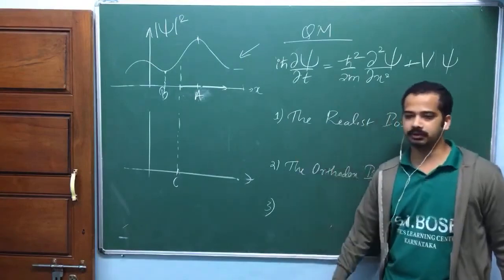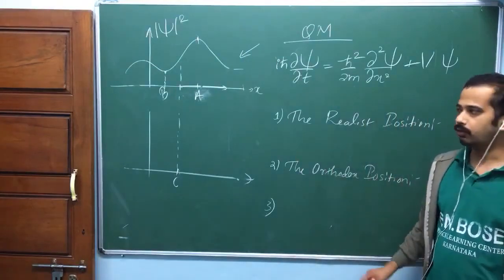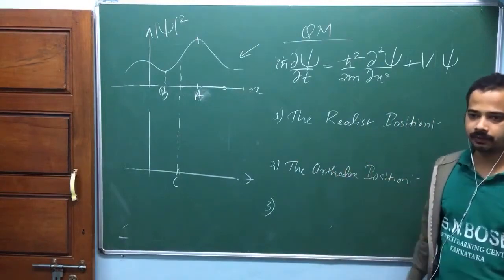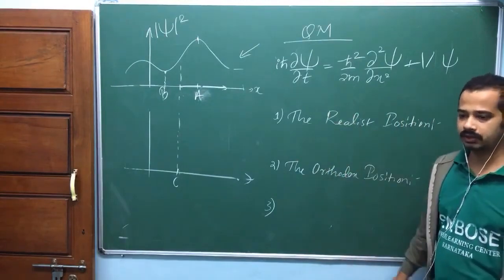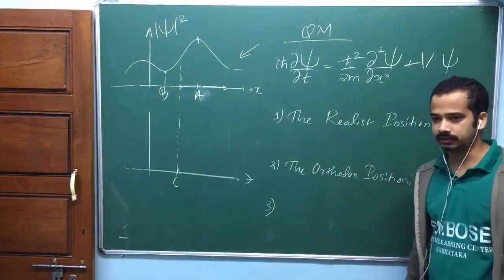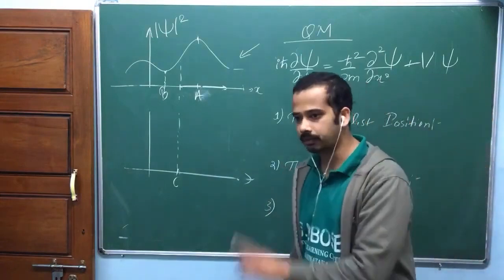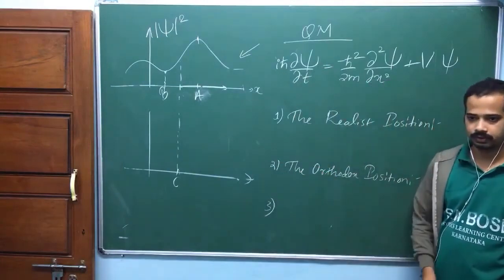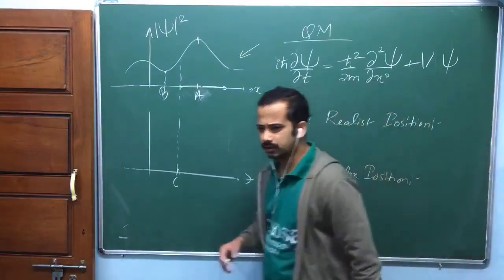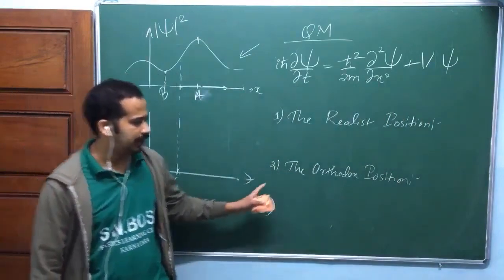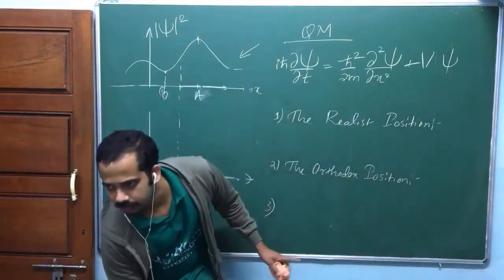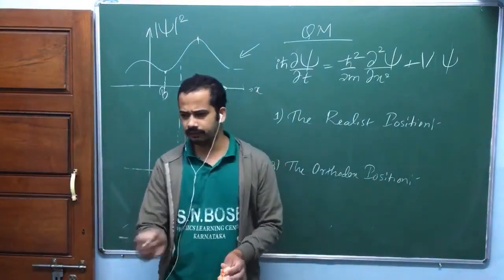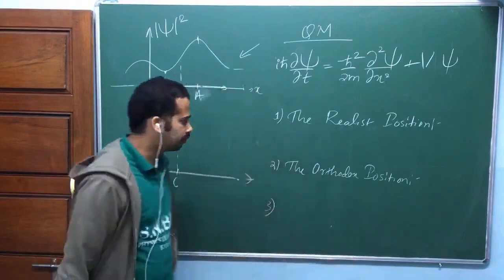Nature itself is indeterministic. Because nature is like that, quantum mechanics, whatever we are doing, is correct. That is the orthodox position. You can call it the Copenhagen interpretation also, because many scientists argued in a slightly different way. Together we call that the Copenhagen interpretation.